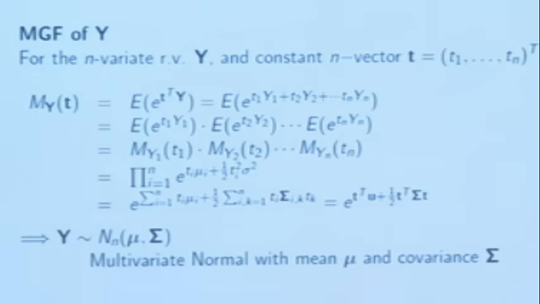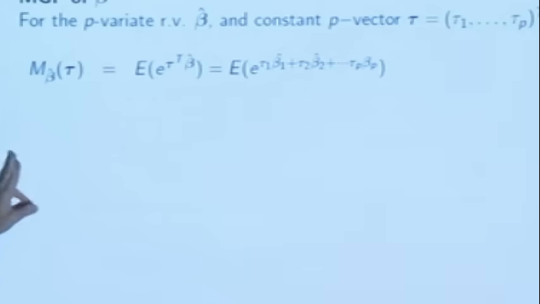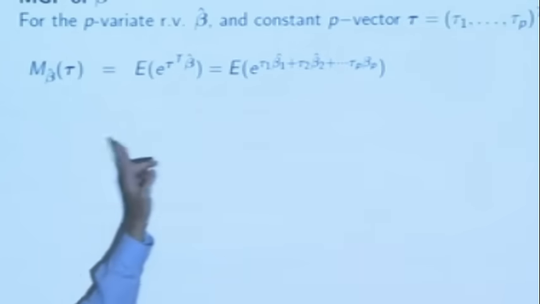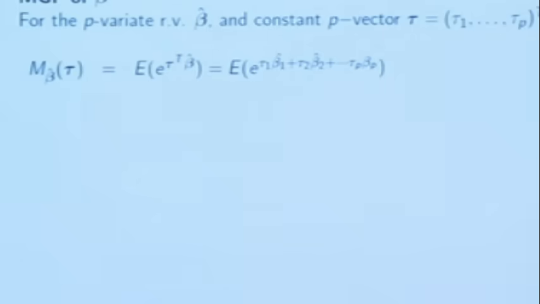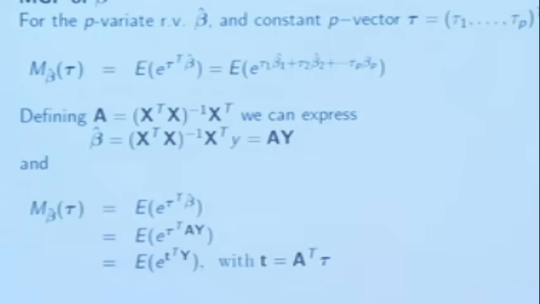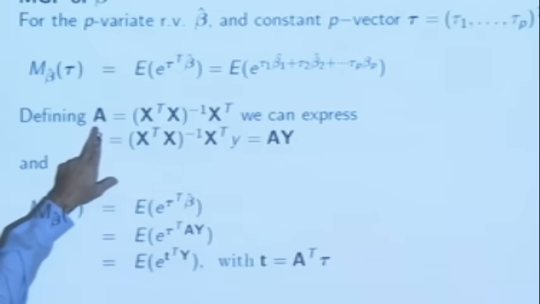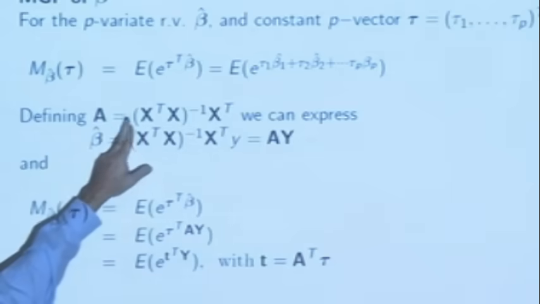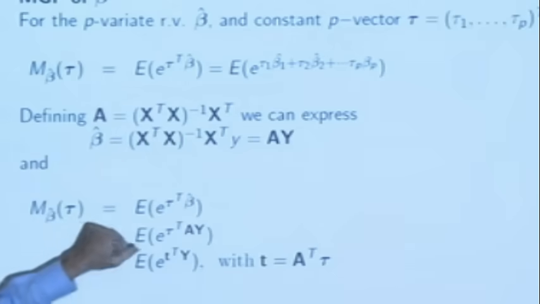So a fact that we're going to use is that if we're working with the p vector of the beta hats, and this is simply the definition of the moment generating function, if we plug in for what the functional form is for the ordinary least squares estimates and how they depend on the underlying y, then we have A equal to essentially the linear projection of y that gives us the least squares estimate.